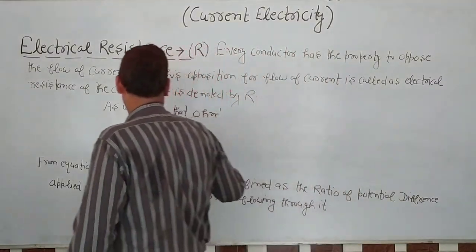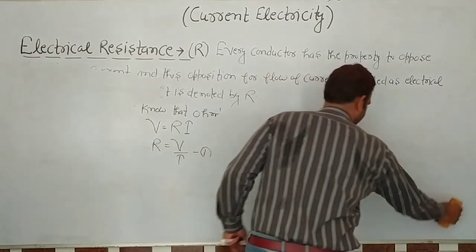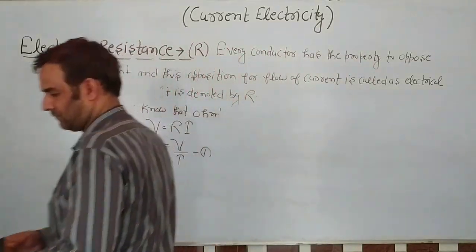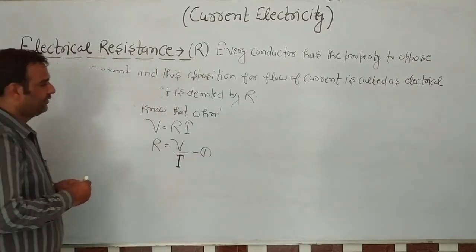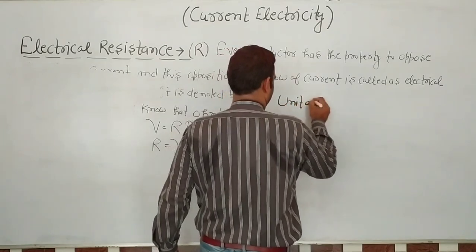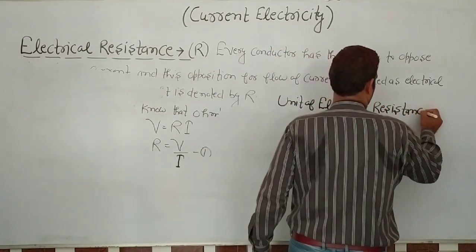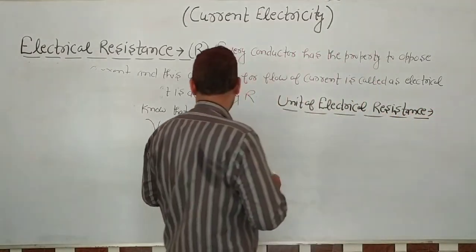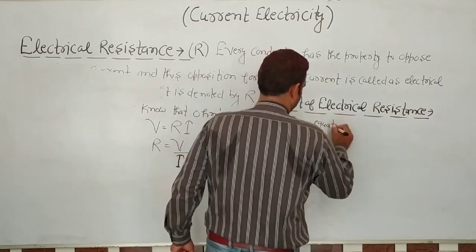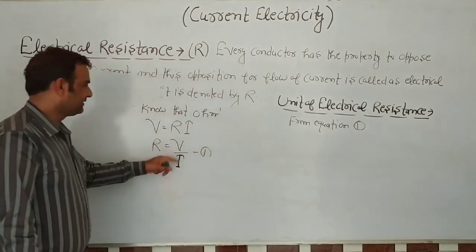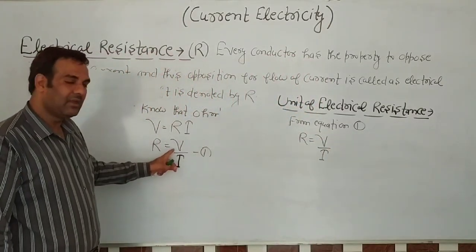Now, unit of electrical resistance. From equation 1, R is equal to V upon I. V आपके पास क्या है बेटा? पोटेंशियल डिफरेंस.